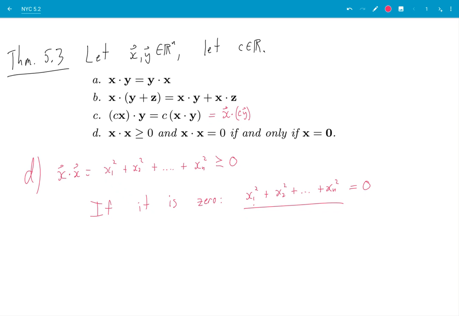So that means all these things must be 0. So we'll say if and only if xi squared is equal to 0 for i equals 1, 2, all the way up to n. So what does that mean? The vector x is all zeros. Okay, all these individual entries are 0.